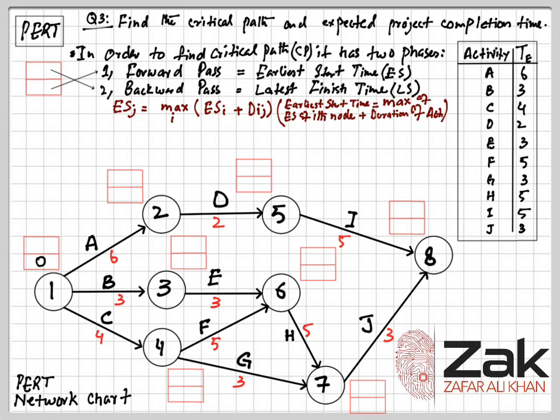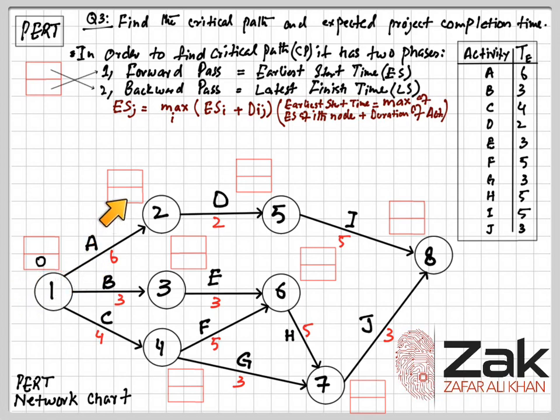So for the first activity A, how do we calculate the earliest start time? That would be the earliest start time of the ith node plus the duration of the activity. So earliest start time for the starting node is 0, and the duration for the activity is 6.